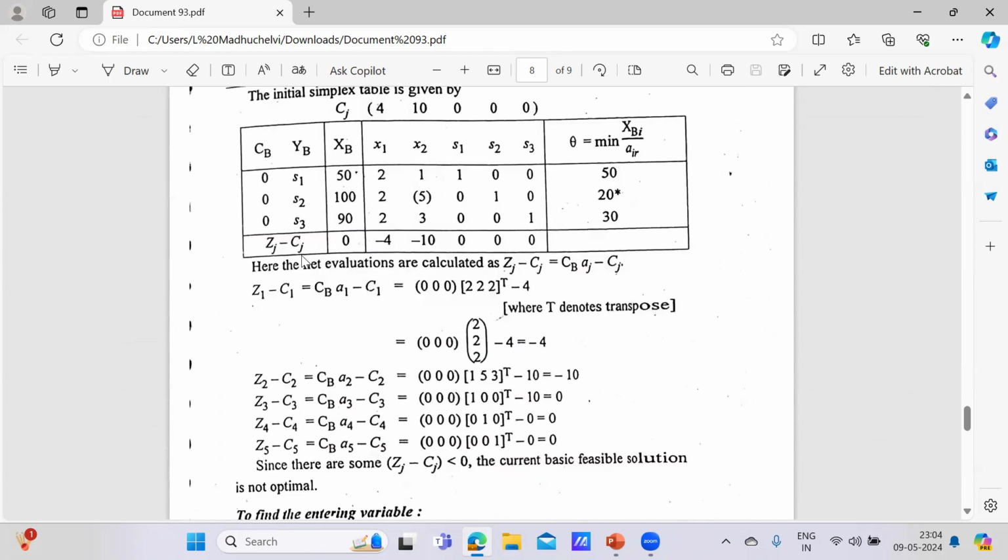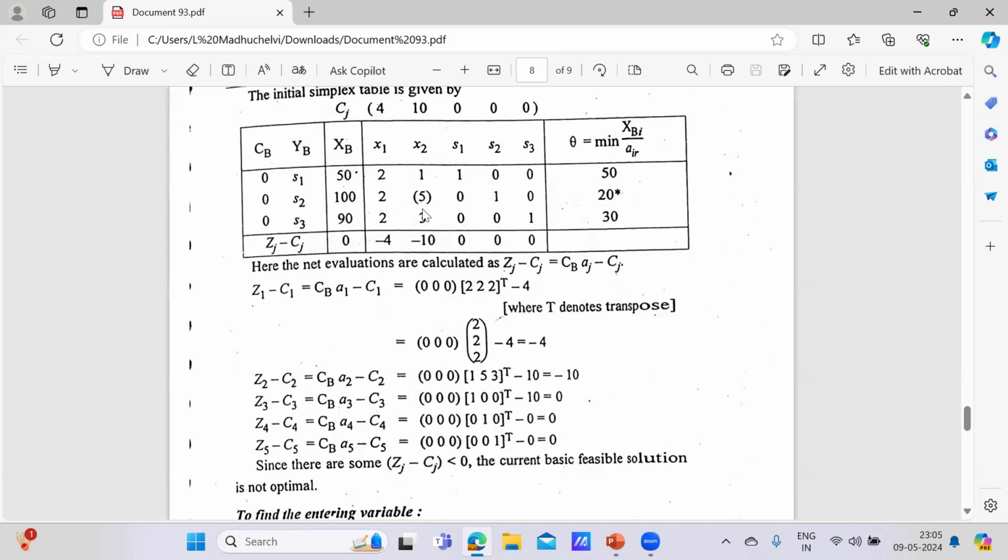Okay, then next is zj minus cj. We have to calculate zj minus cj. For the x1 column, we have z1 minus c1, which is CB times the x1 coefficients minus c1. C1 here is 4. So 0 into 2 plus 0 into 2 plus 0 into 2, that is 0, minus 4, so we get minus 4.